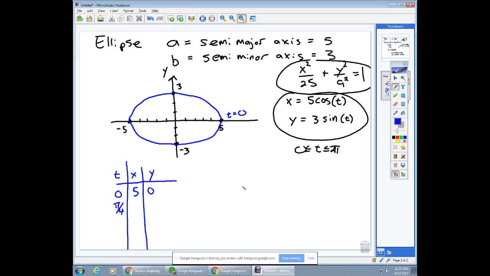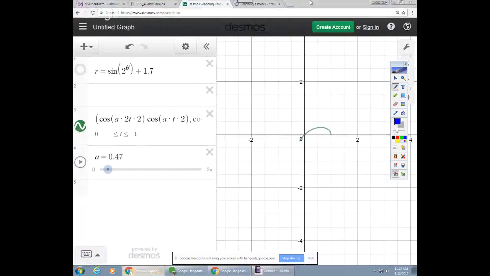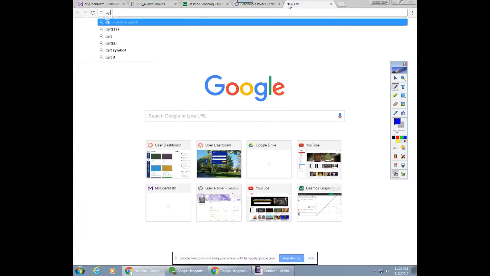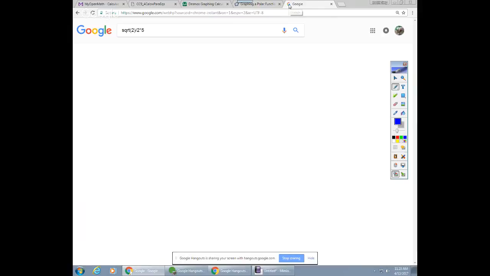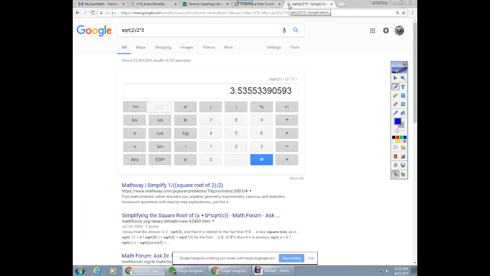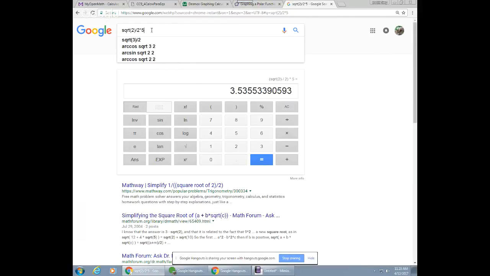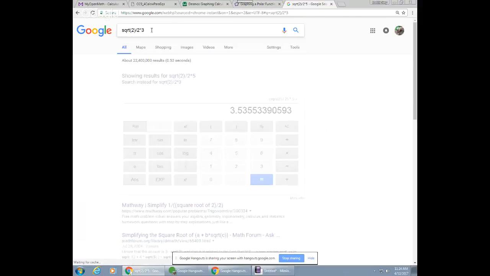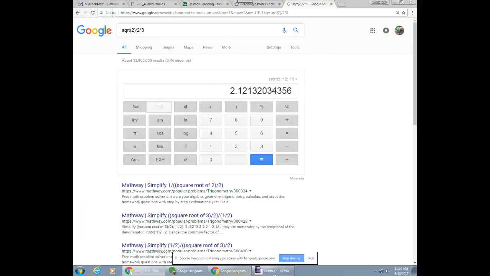So calculators, please. Anybody get one? The square root of 2 over 2 times 5 is about 3.53, so let's call it 3.5. The sine is the same value, so if I multiply 3 by that, I get 2.1.